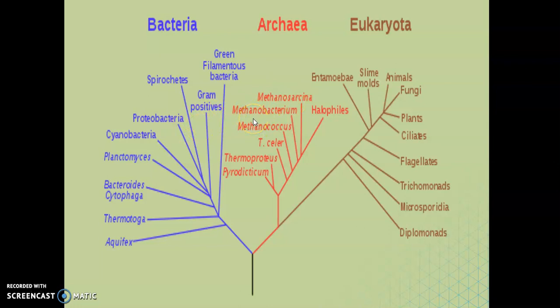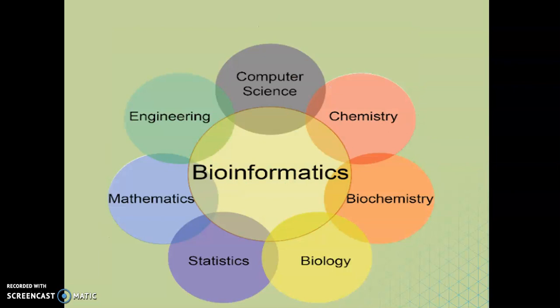Using bioinformatics and giving it the DNA sequence for both cyanobacteria, for example, and halophile, the bioinformatics ended up putting each one of them in a different category, and this is the result of using the system. So if you want to go back, we will say that bioinformatics is mainly a technology. We have to use a computer.